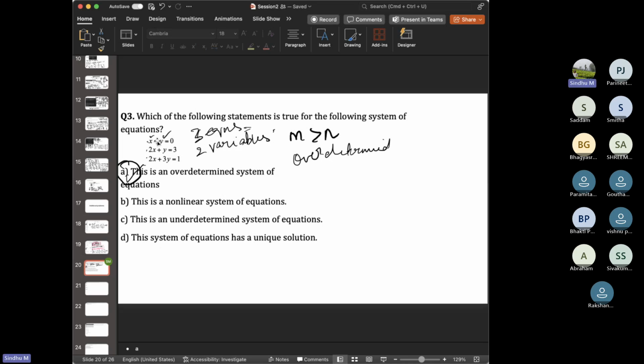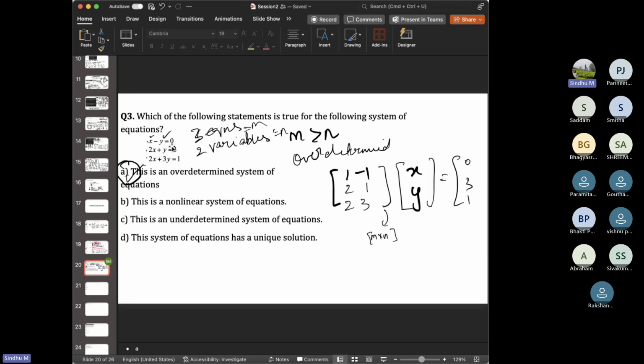Or you can also get the m and n by writing it in matrix form. So Ax equals B. 1, 2, 3, and this is an m cross n matrix. This will be x and y, so this is an n cross 1 matrix, and here there are 1, 2.